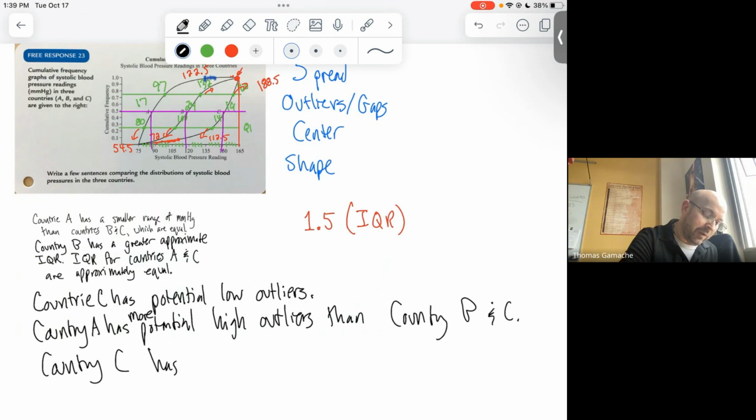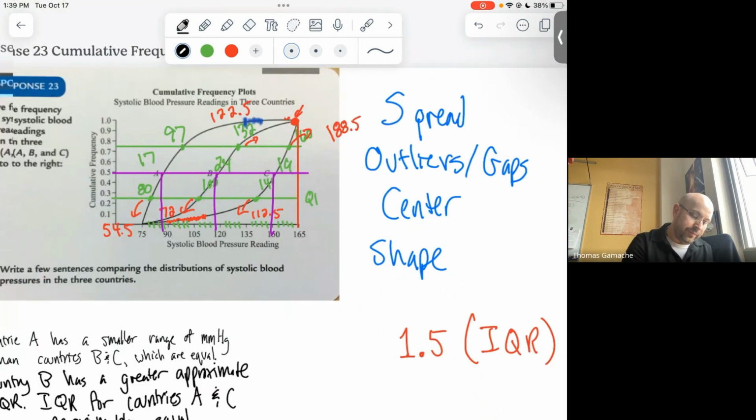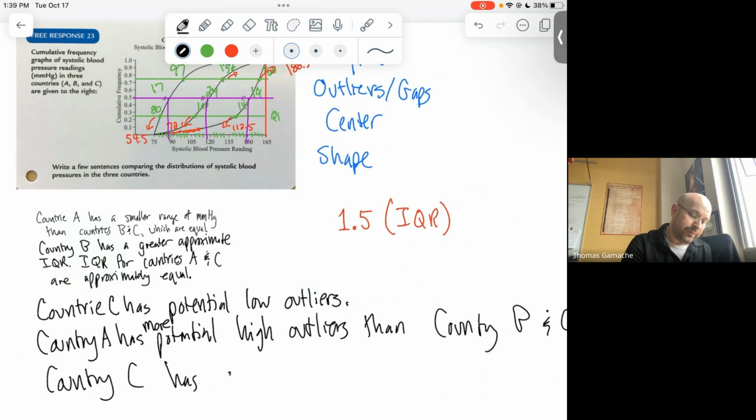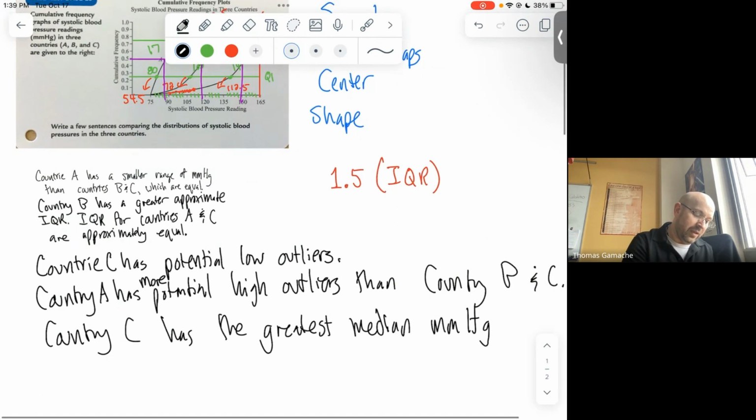And that median is probably around 160. A, I'll put, has the greatest median. Yeah, I'm going to use the units too. Always use your units. mmHg, I believe it is. Yep. And country A has the least.